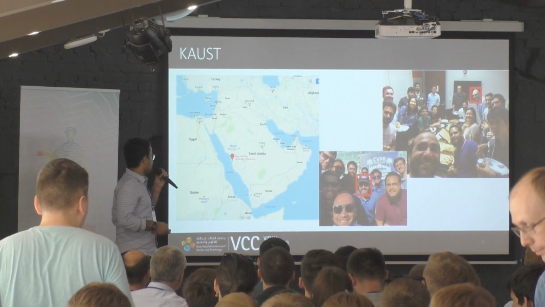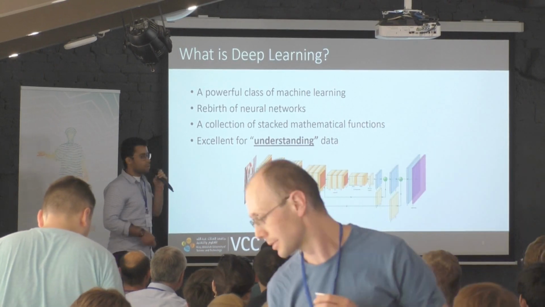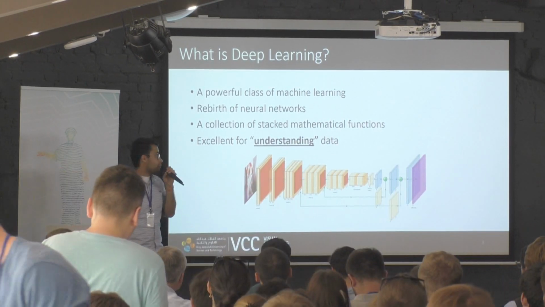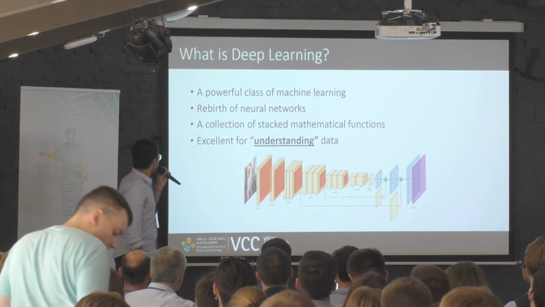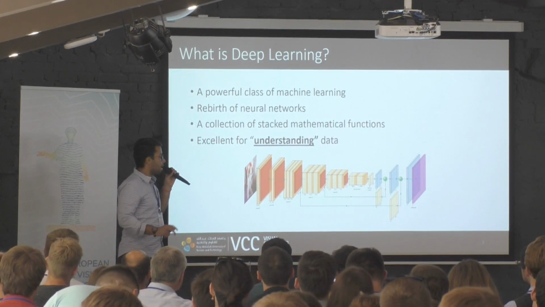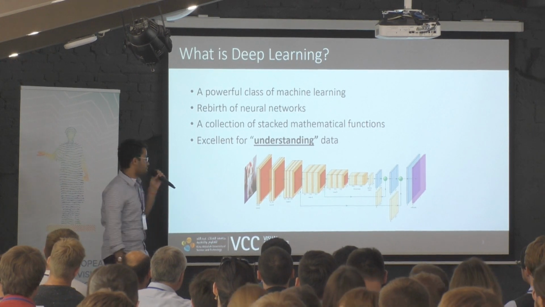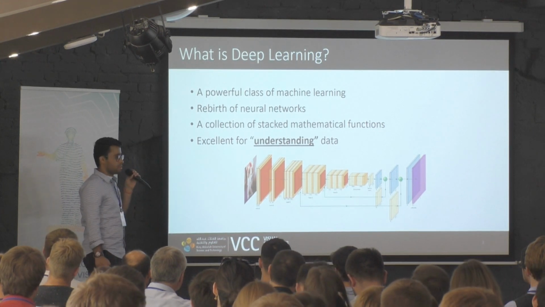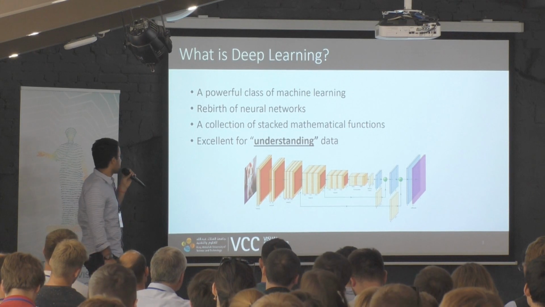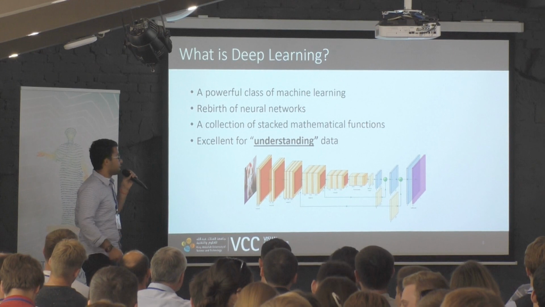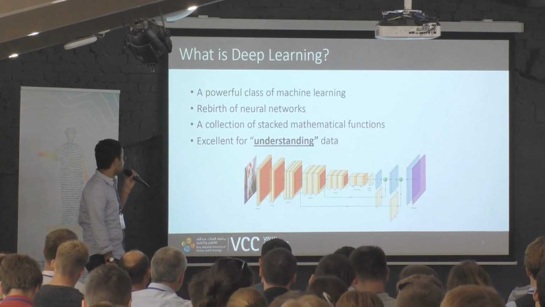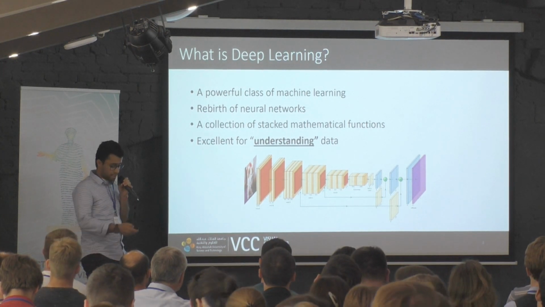All right, so we can get started now. I know that everyone is aware of deep learning. Many of you already know more than I do. But I have to motivate this one way or another. So for the sake of the presentation, I would like to think of deep neural networks as nothing but stacked mathematical functions. They are a reincarnation of what neural networks were, and they are excellent tools to understand data.